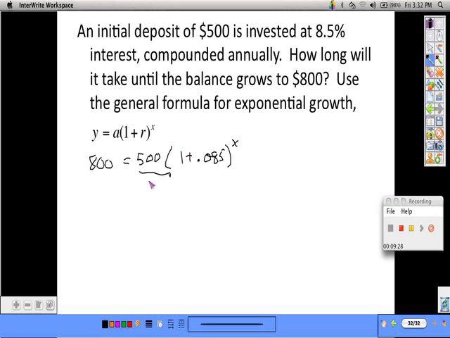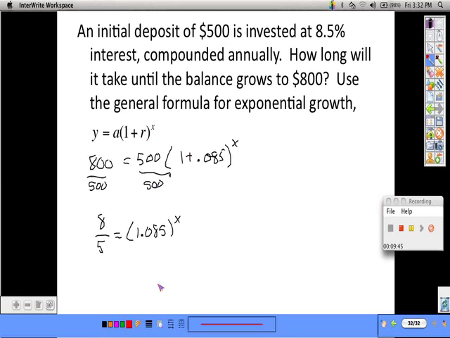We're going to divide by 500. Eight-fifths equals 1.085 to the x power.